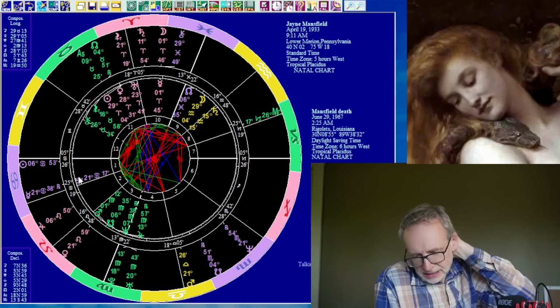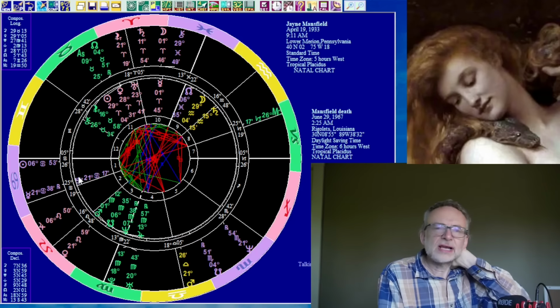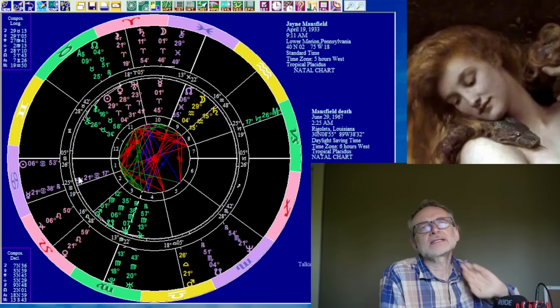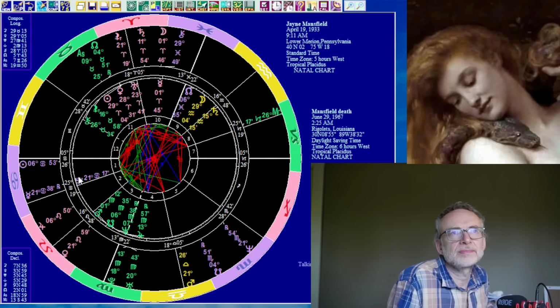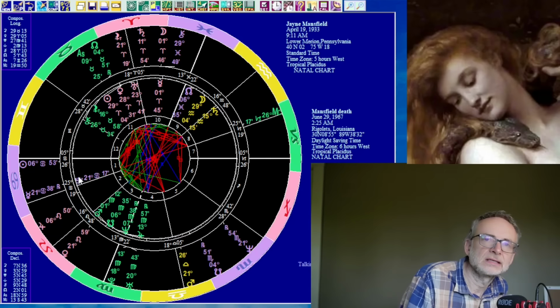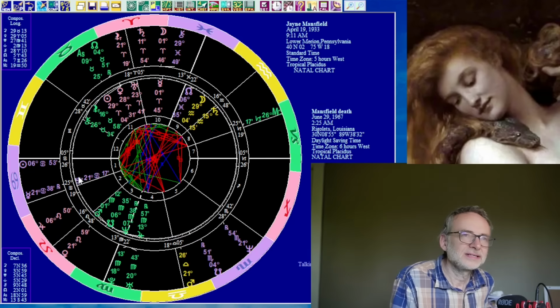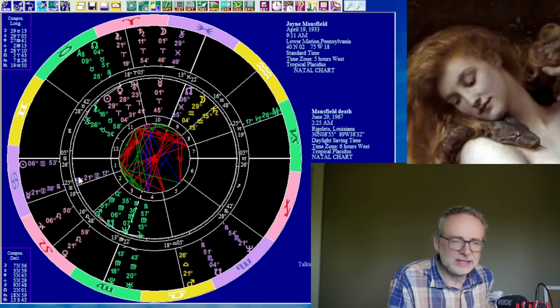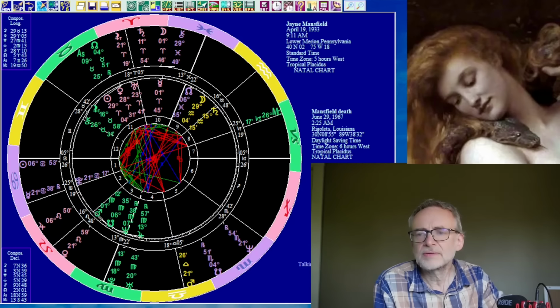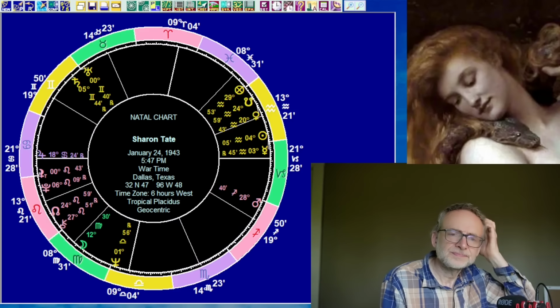Now, in the 60s, another event where you really would have perhaps expected Black Moon Lilith to have shown up would have been the murder of Sharon Tate. Again, this happened at night, didn't it? And in the 60s, so here's Sharon Tate's natal chart.